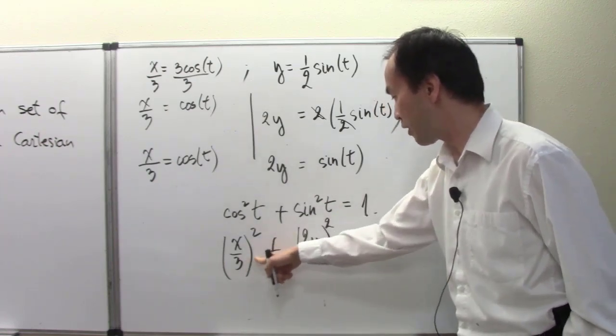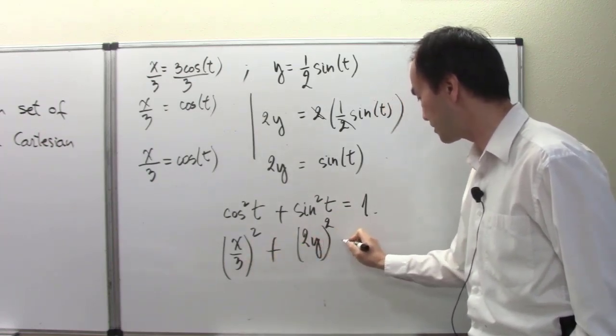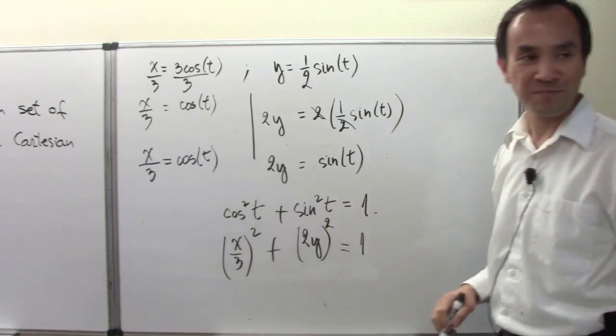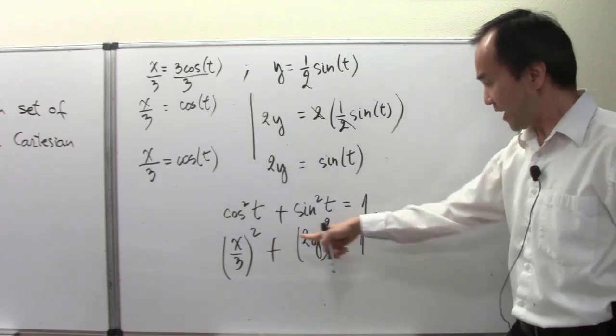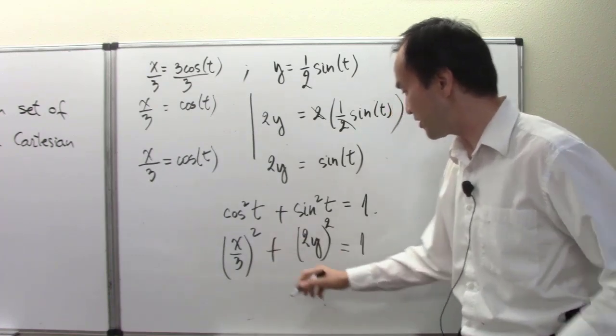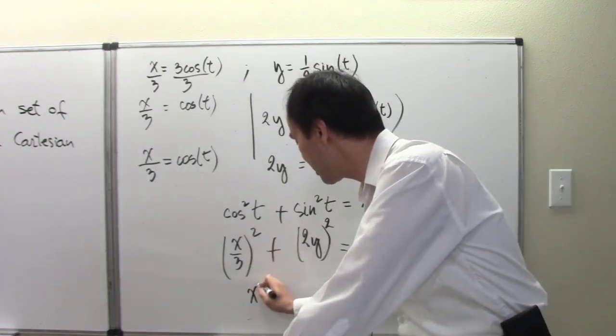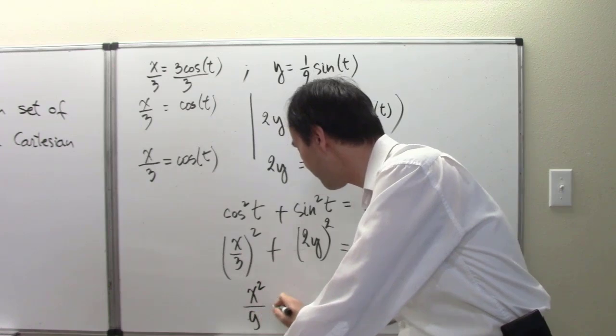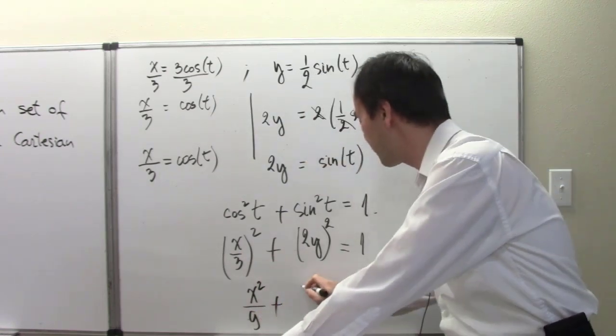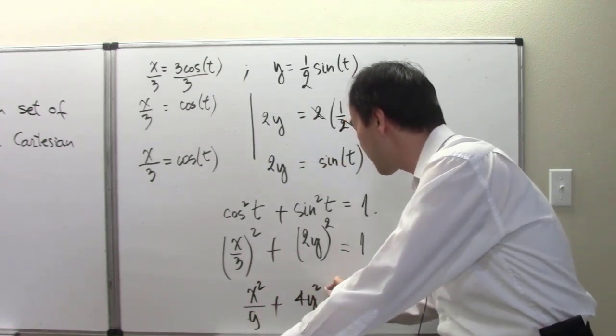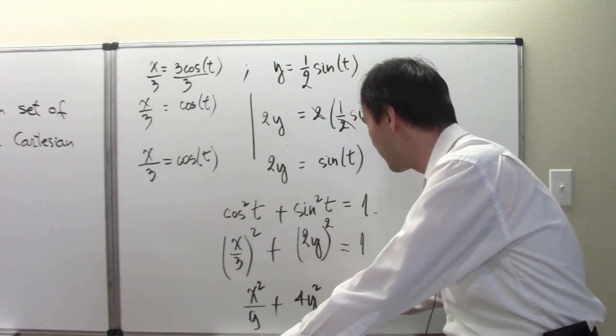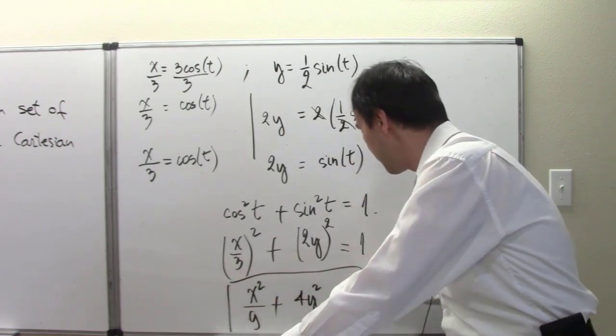So x over 3 all squared plus 2y all squared, all of that equals 1. Okay, so now right here is our Cartesian equation. You can rewrite this as x squared over 9, plus 4y squared, that equals 1. And this is our final equation right there.